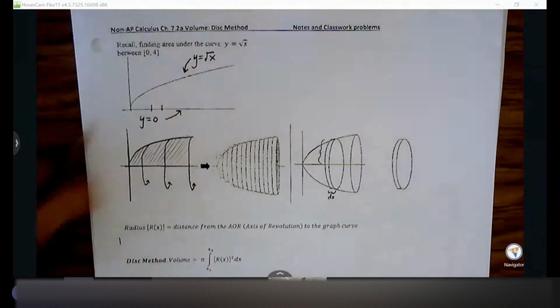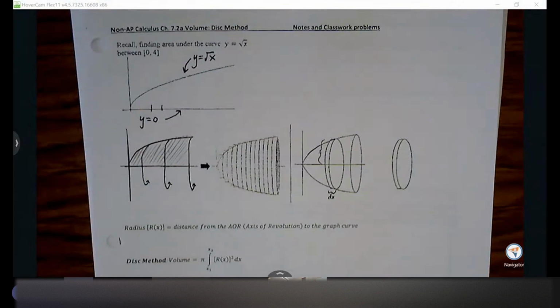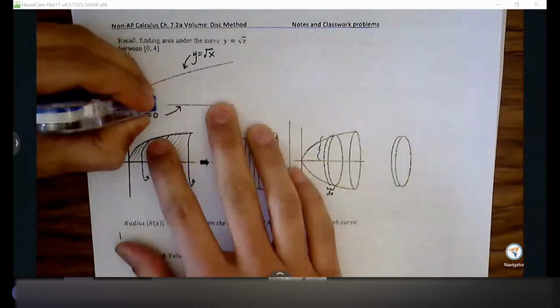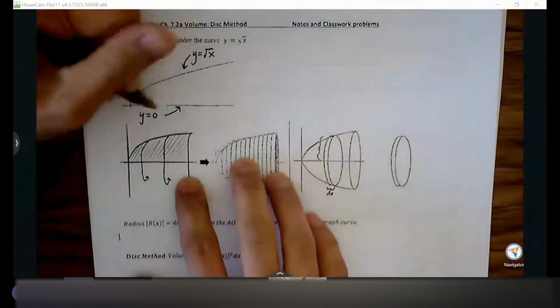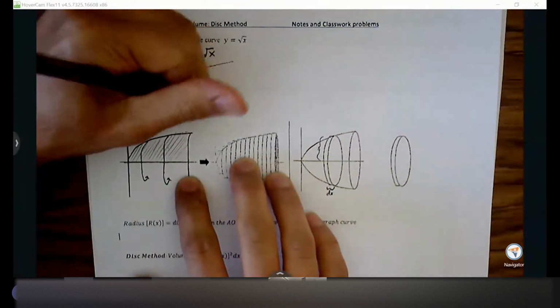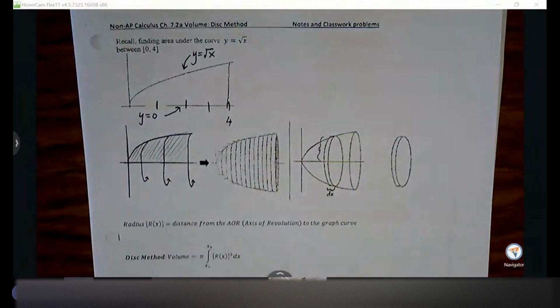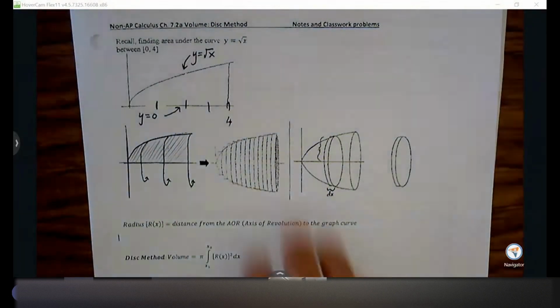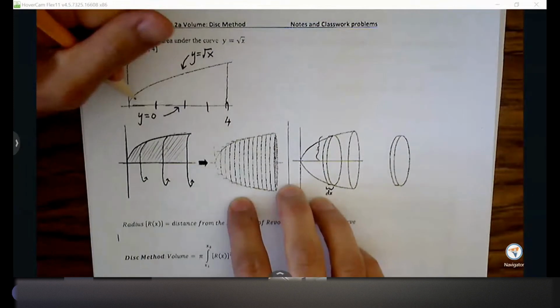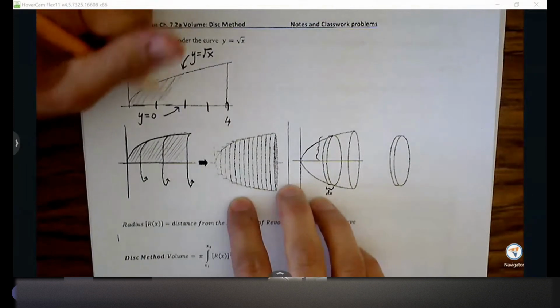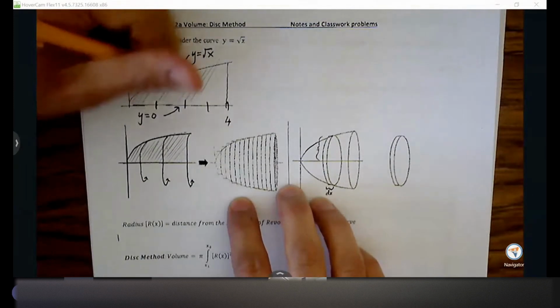Not very accurate here, but let's say 1, 2, 3, 4. And we're just going to shade in that region, and we're going to be finding the area of this shaded region here.